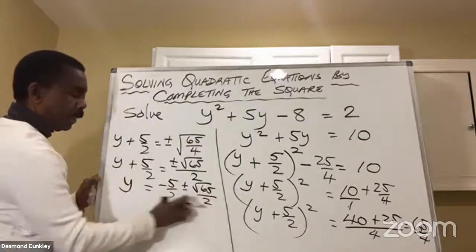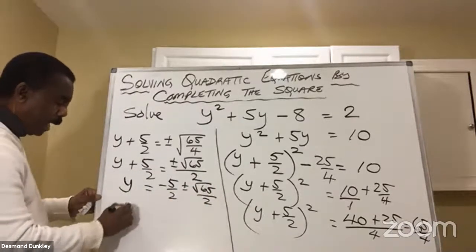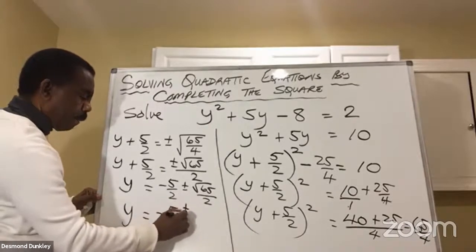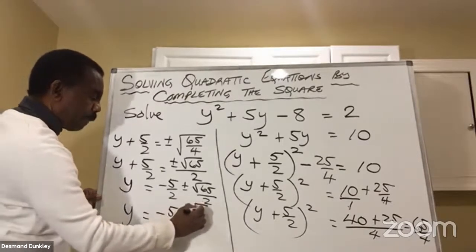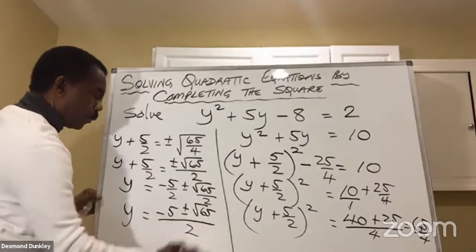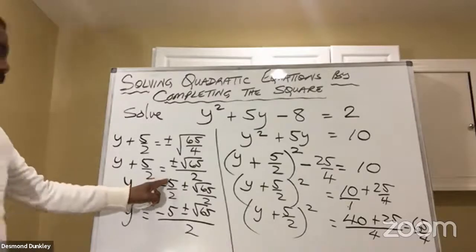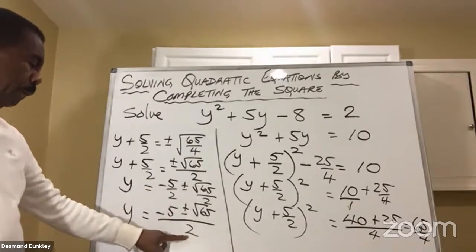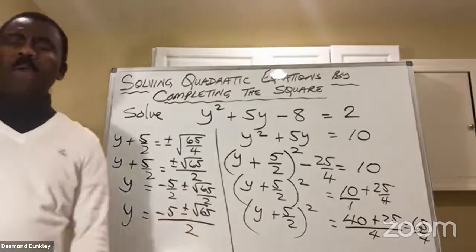See the common denominator? So you could write y equal to negative 5 plus or minus the square root of 65, all over 2. This would be your answer.